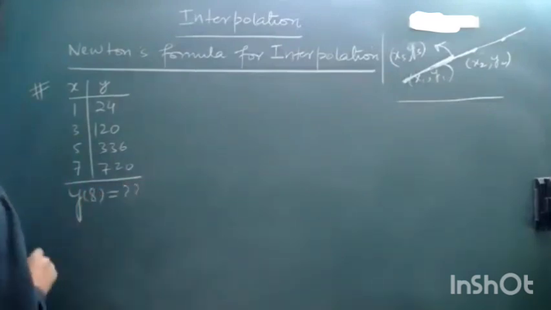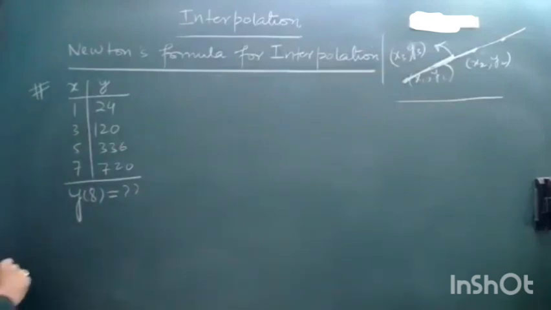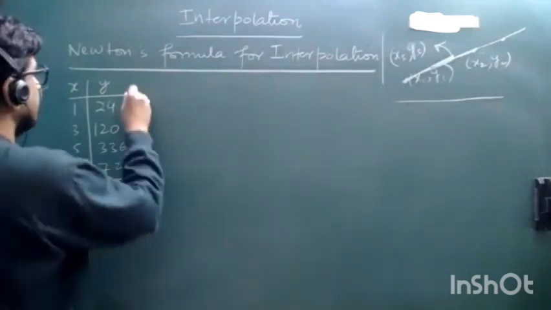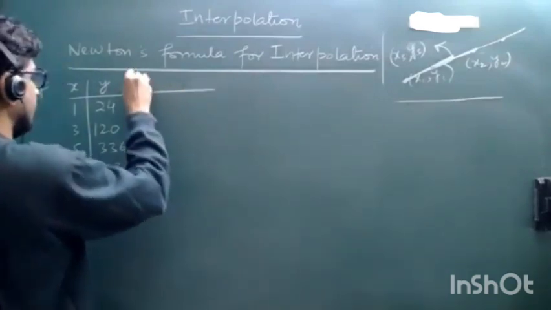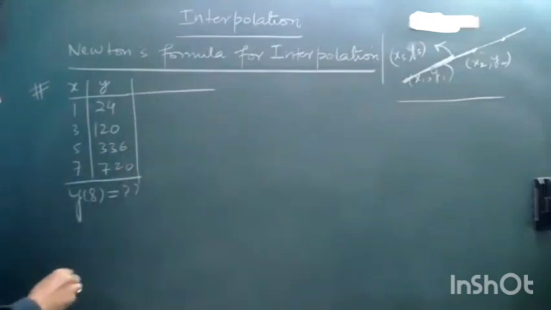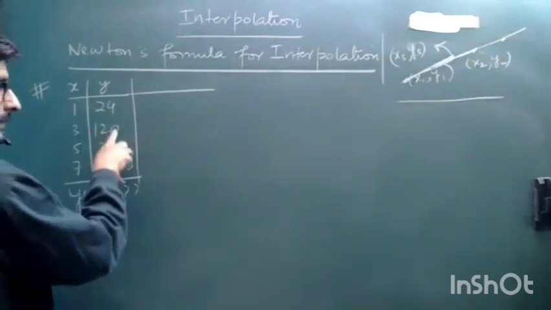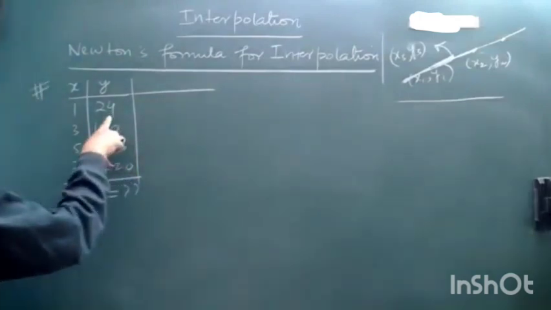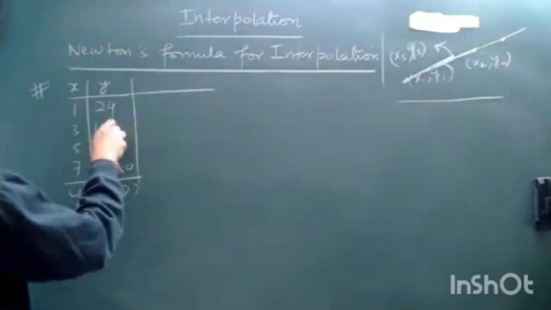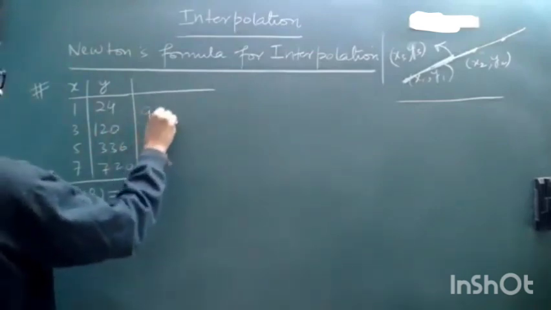Okay, we have to get the value y8, and let us do that. Let me tell you how to proceed with this. We make another table out of this by subtracting. Subtract 24 from 120, you will get 96.